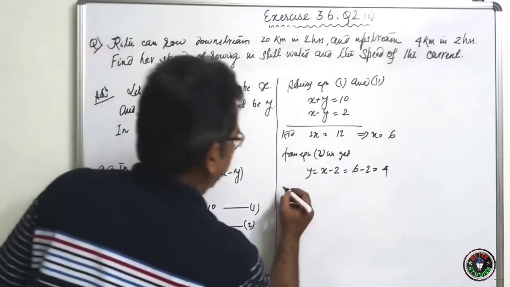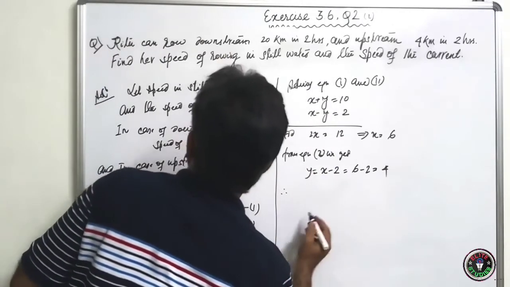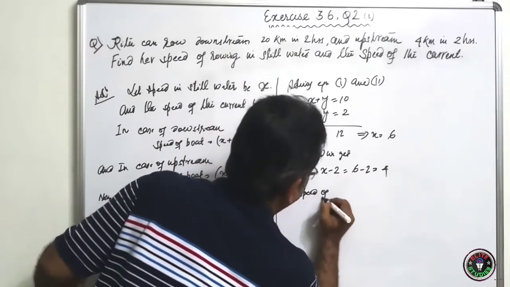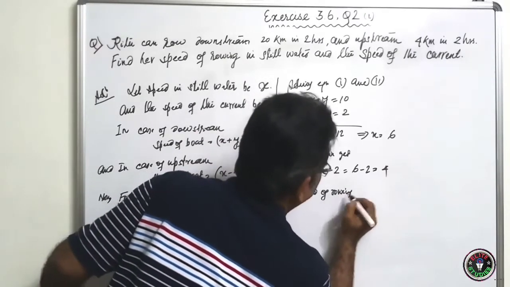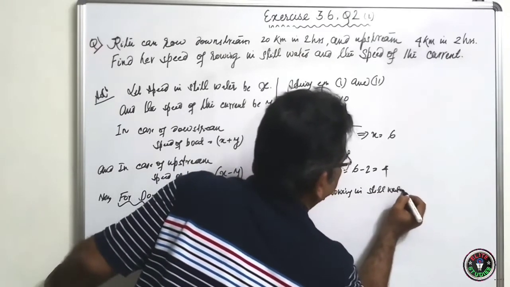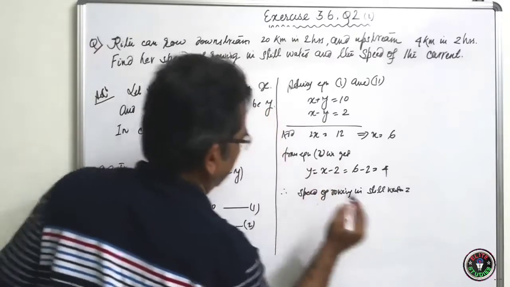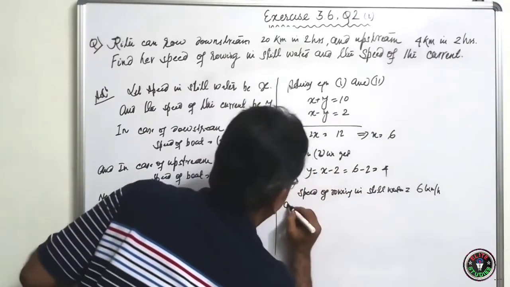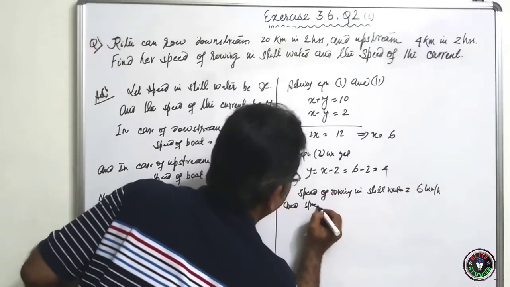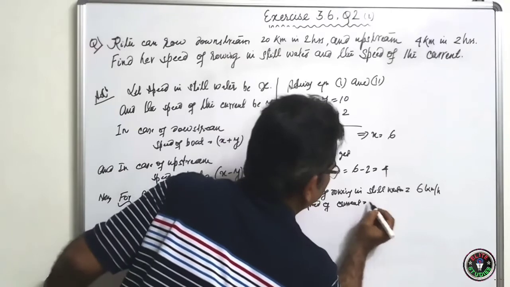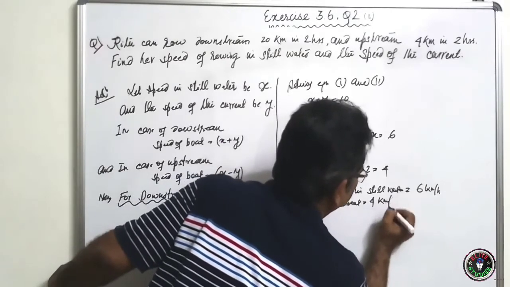So therefore, speed of rowing in still water is equal to x, so it is 6 kilometer per hour, and speed of current is equal to 4 kilometer per hour.